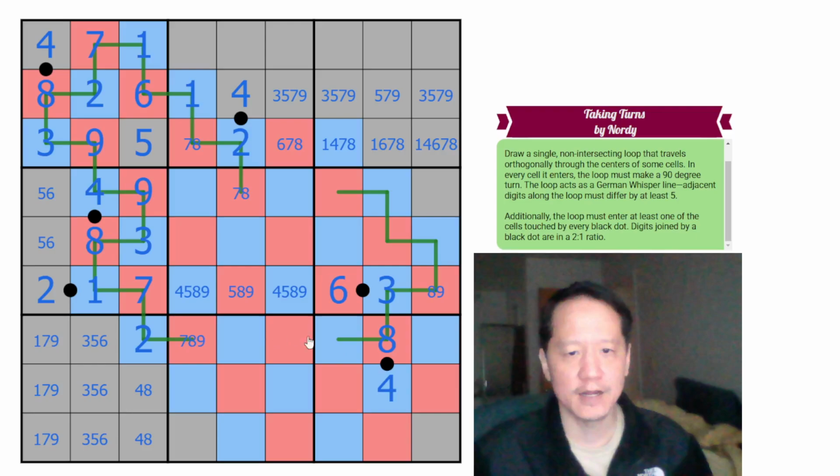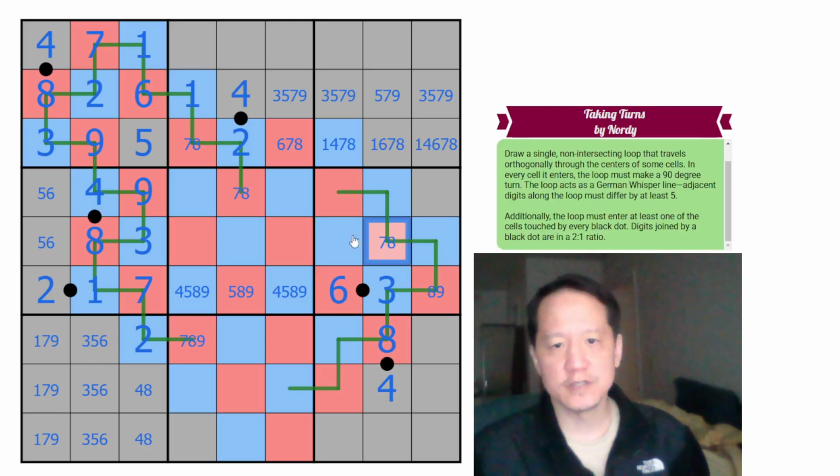So that cannot go that way. It has to turn here, which means this has to turn that way. So these are not allowed on the German whisper line. This is not allowed because it can't enter in anymore. This could go this way. That's fine. This seems fine.